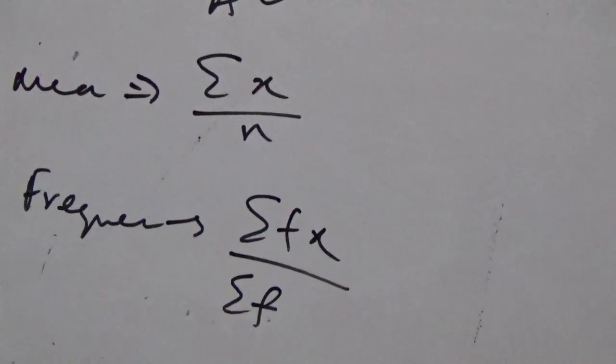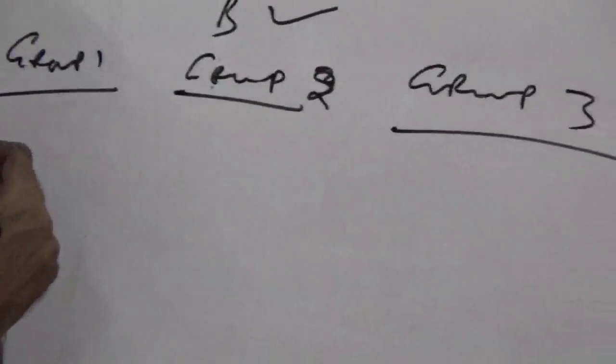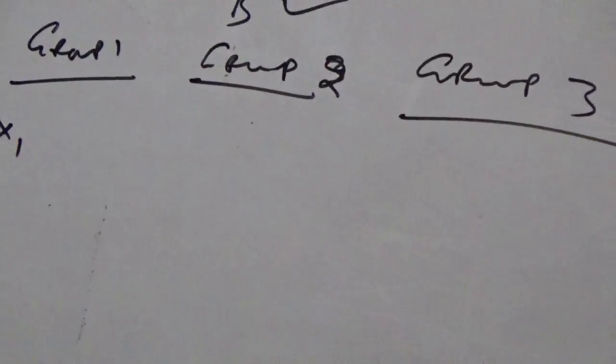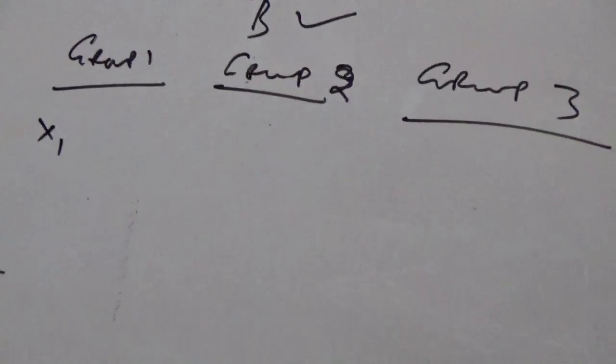But what happens if there are two groups? Like group 1, group 2, let's take 3 groups. And their mean is in general expressed by x bar.